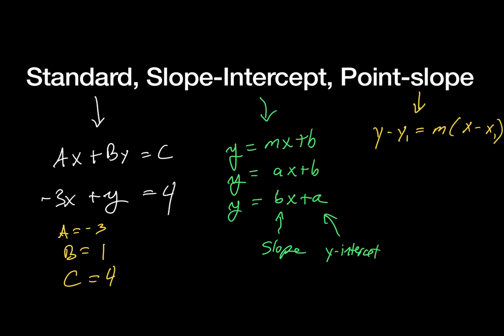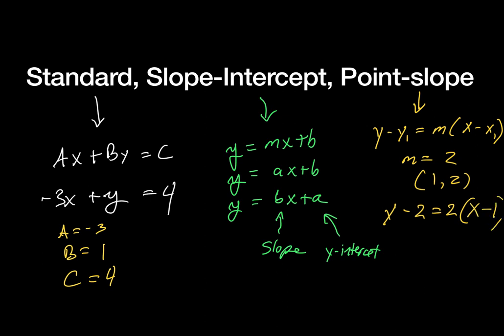So here it would be like if I knew that I have an equation that has a slope of 2, and it goes through the point (1, 2), I can take these values and plug them directly into this equation. This m, this 2 goes in for there. The y1 is the y-value of the point that it goes through. The x1 is the x-value of the point that it goes through. So then this would be y minus 2 equals 2 times x minus 1.